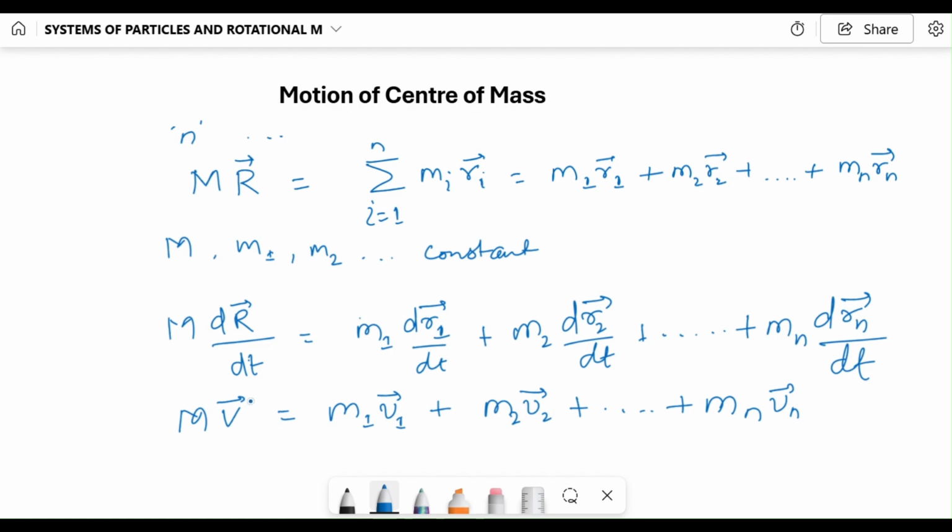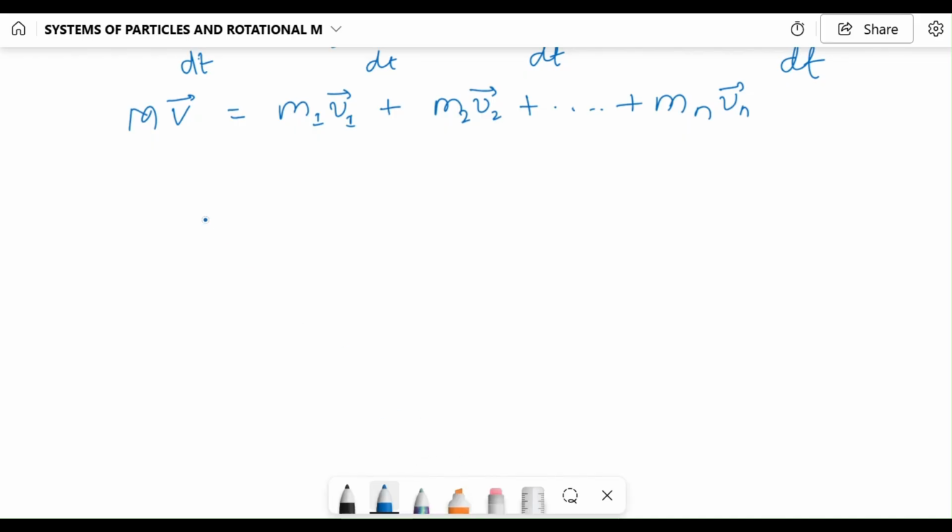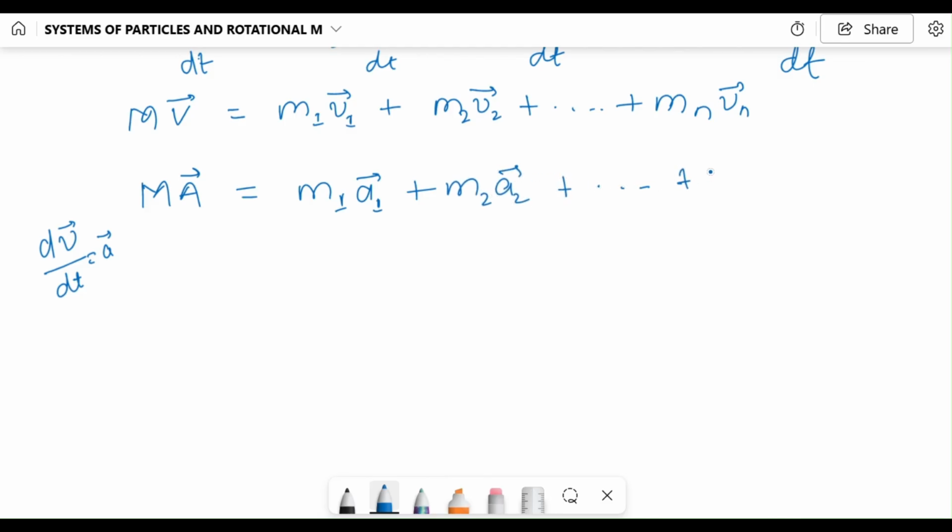And what if we take one more derivative here? Again, time derivative of these things. So we will get M times the acceleration vector. We know time derivative of velocity vector gives us acceleration vector. So M a equals m1 a1 plus m2 a2 plus so on up to mn an, the acceleration vector of nth particle.